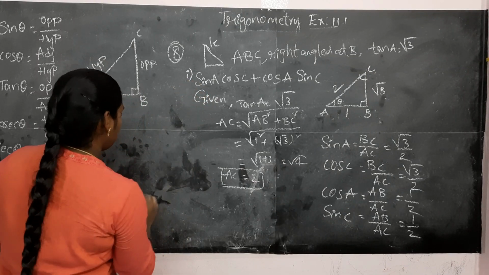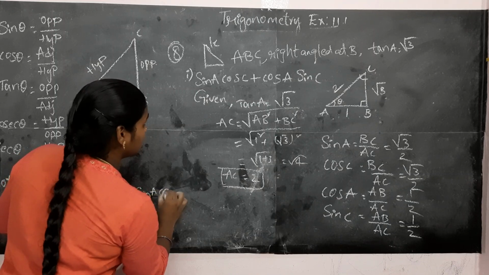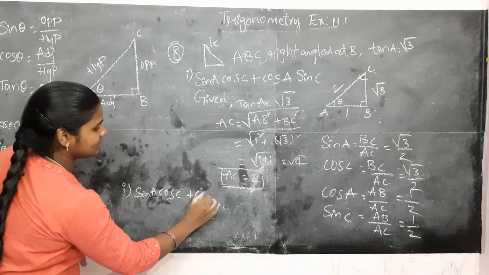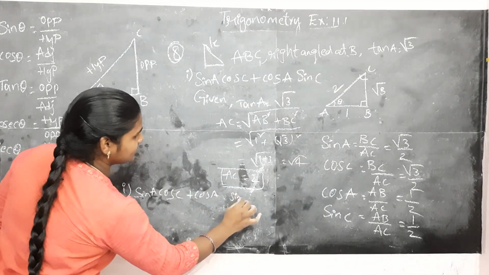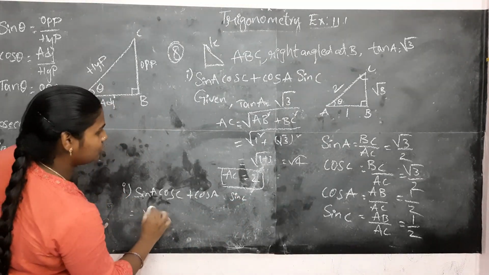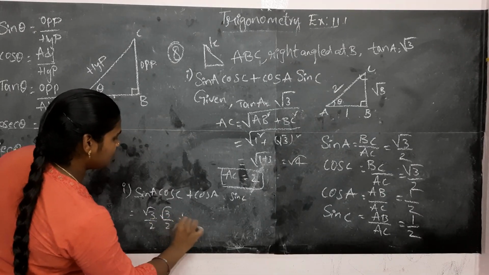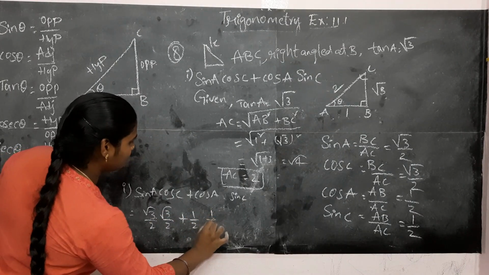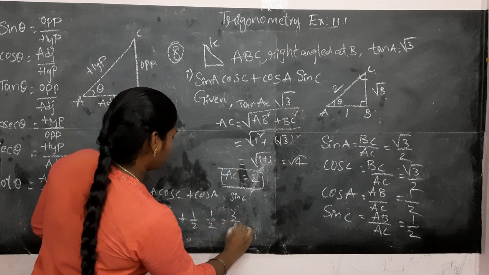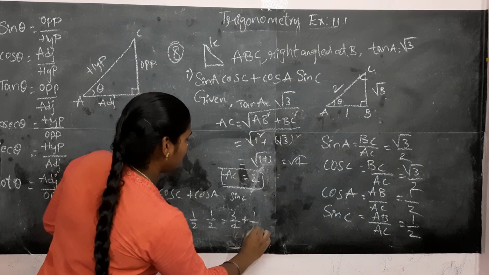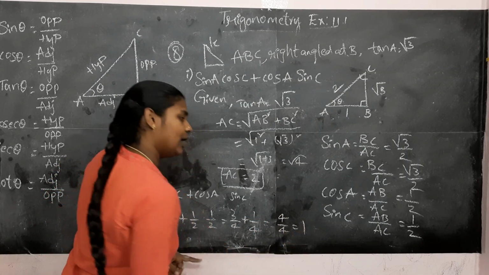The first problem: sin A cos C plus cos A sin C is equal to root 3 by 2 multiplied by root 3 by 2 plus 1 by 2 multiplied by 1 by 2, which in turn becomes 3 by 4 plus 1 by 4, which is nothing but 4 by 4, 1.